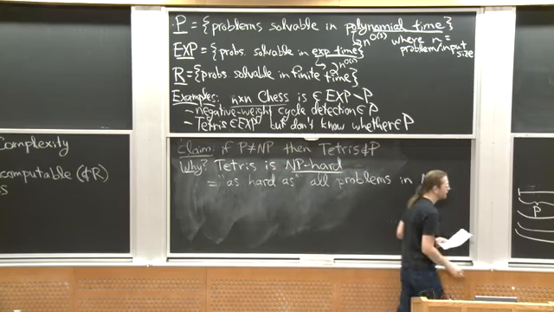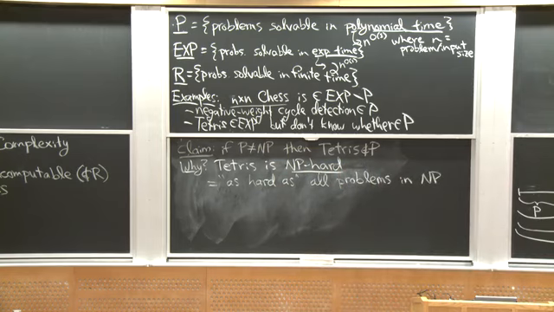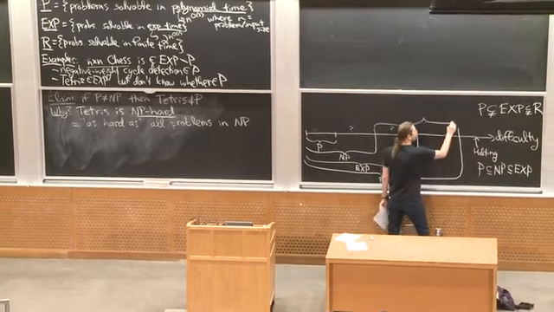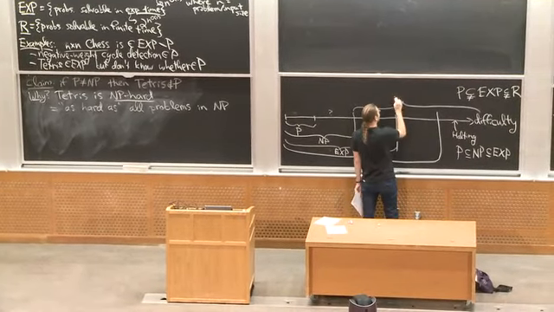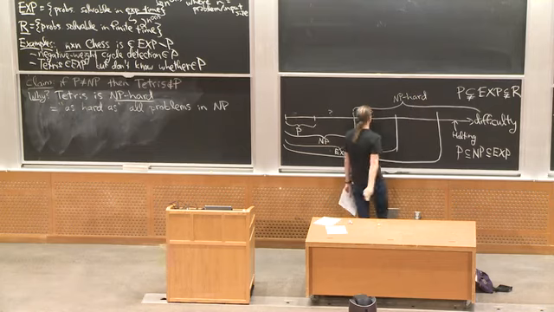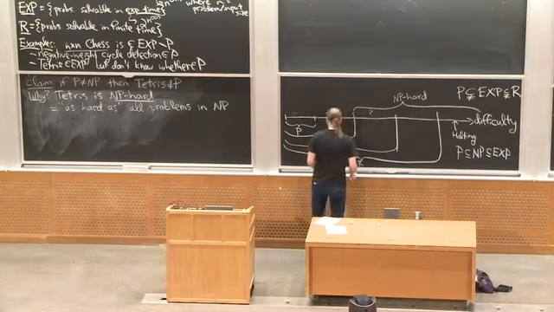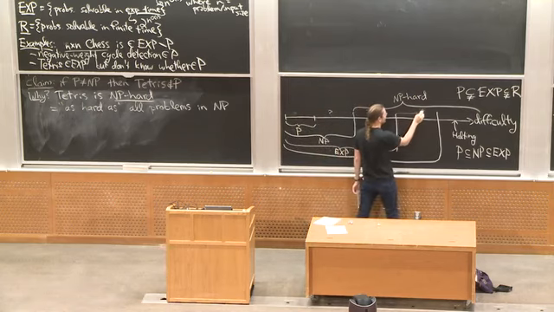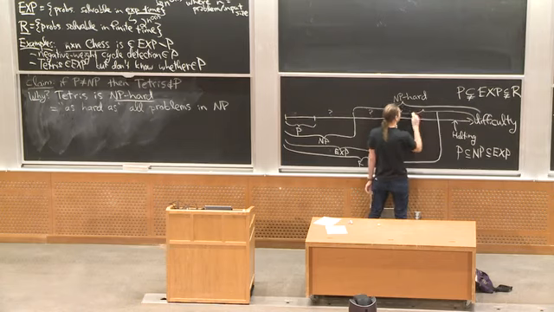So let me draw this in the picture. So NP hard is this part. Ooh, did I leave myself enough room? Maybe not. Well, we'll squeeze it in. There's another region here for X hard.